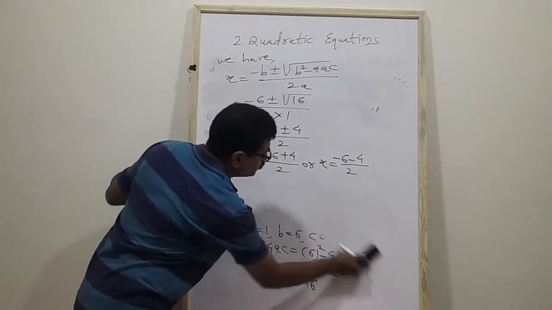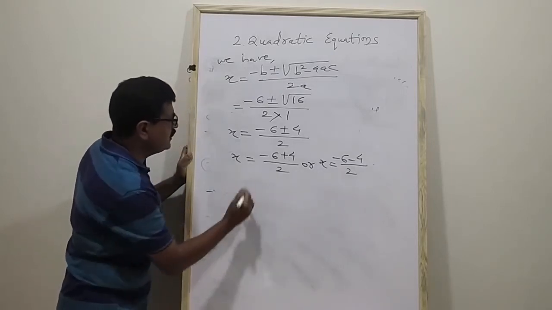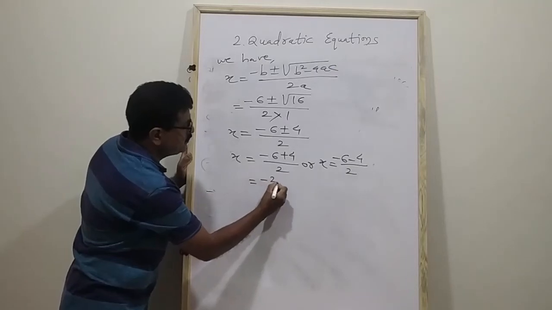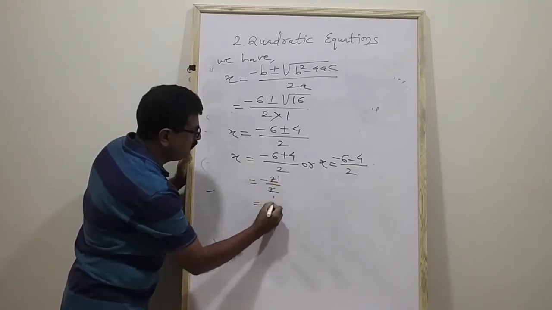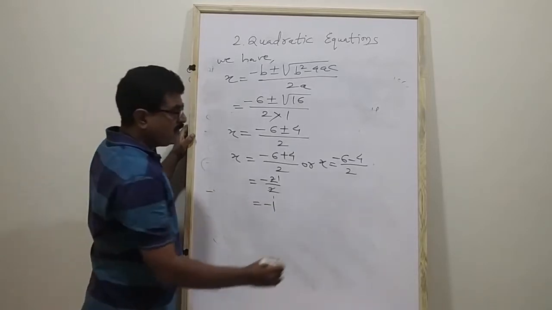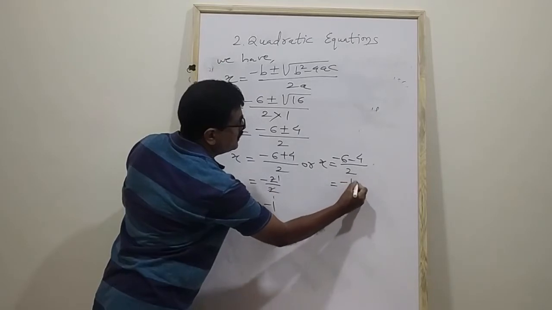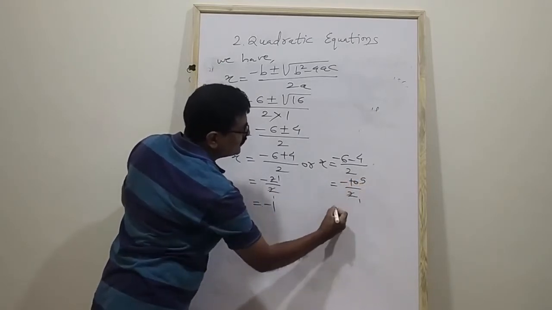Now equal to minus 6 plus 4, that is minus 2 upon 2, is equal to minus 1, or here x is equal to minus 6 minus 4, minus 10 upon 2, dividing by 2, minus 5.